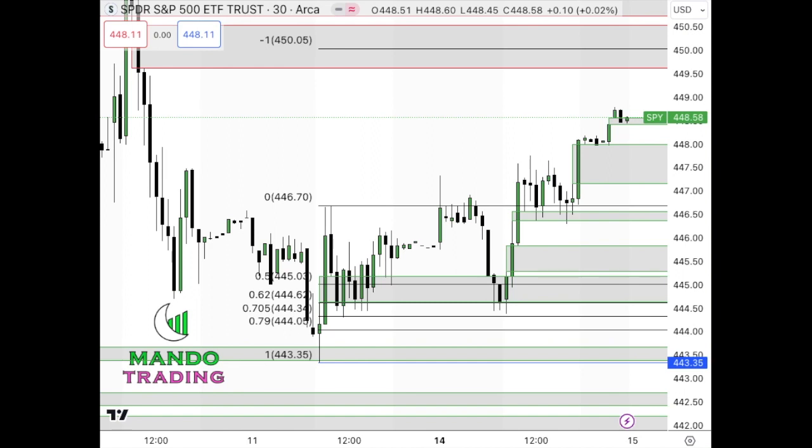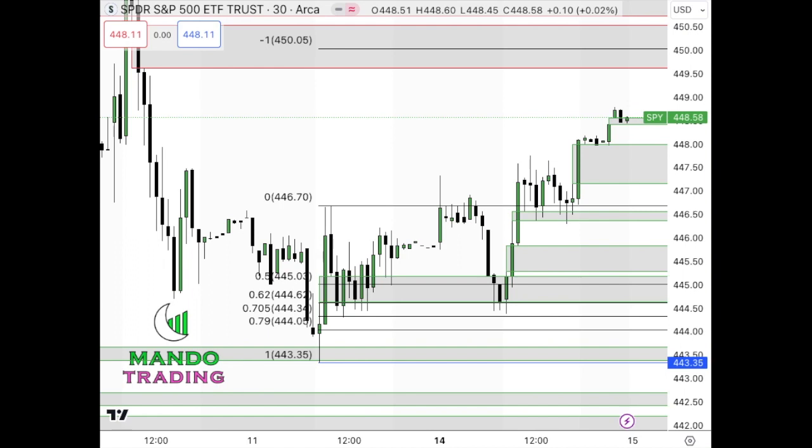Having an understanding of liquidity is really the most important thing to me in anything trading. The second would be the idea of a market structure shift. Which direction do we think the market is going to go, and why do we think that? And the third being an imbalance, a fair value gap, an order block, or a breaker even.